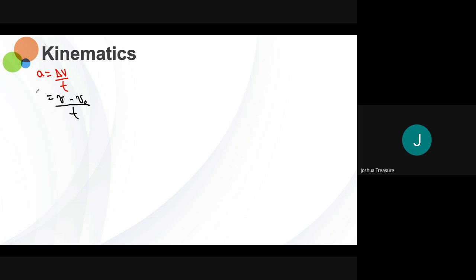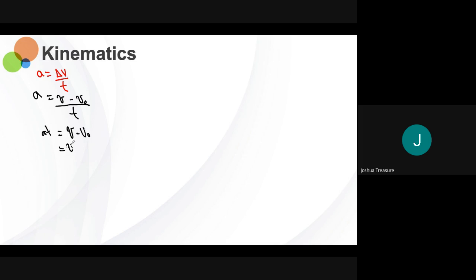Now, if we transpose for final V, essentially we would multiply both sides by T. So say we multiply both sides by T, we will get AT, leaving us with V minus V0. We're transposing for final V from this equation, and then we add V0 to both sides.